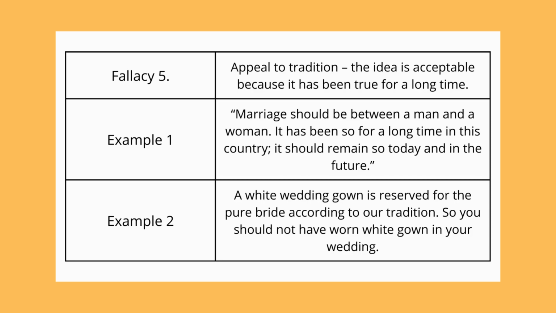A white wedding gown is reserved for the pure bride according to our tradition, so you should not have worn a white gown in your wedding. The two arguments evidently utilized a known tradition to make the claim powerful. That is appeal to tradition.